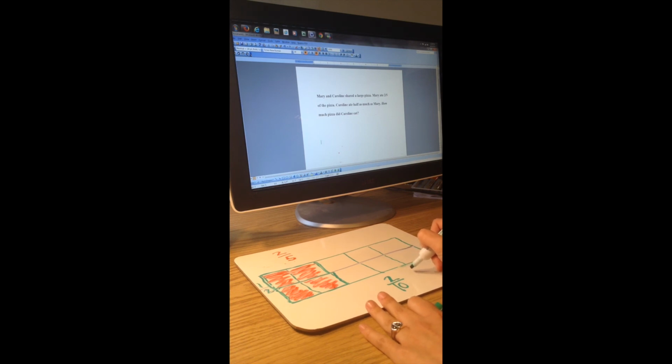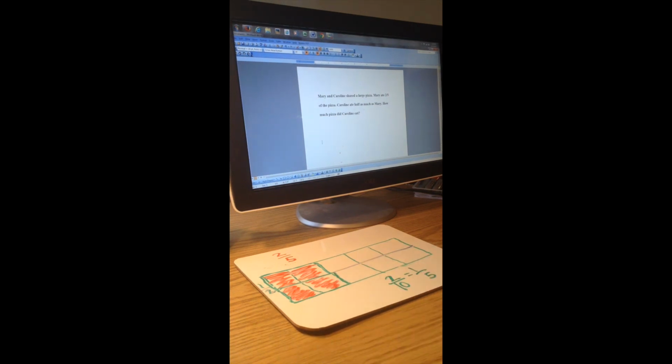So we would do that by showing 1/5. This is how we would represent our problem, how much pizza did Caroline eat, in an area model.